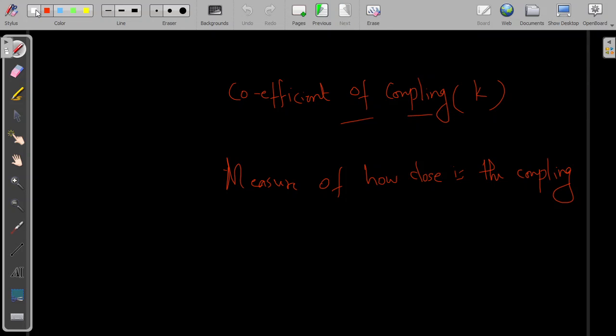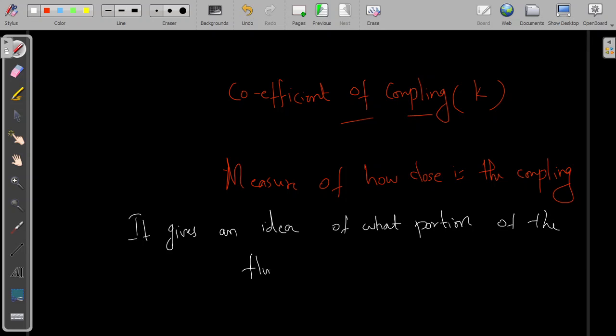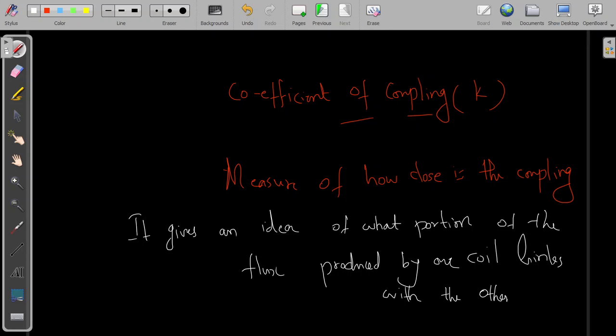That means it gives an idea of what percentage of the flux produced by one coil links with the other coil which is placed nearby.